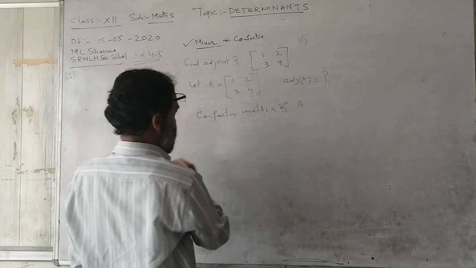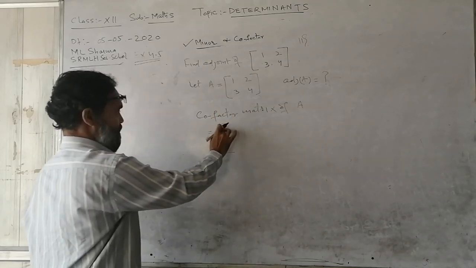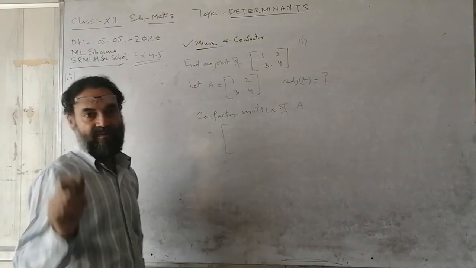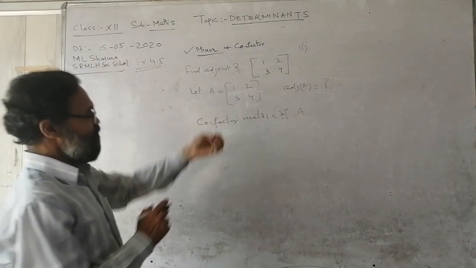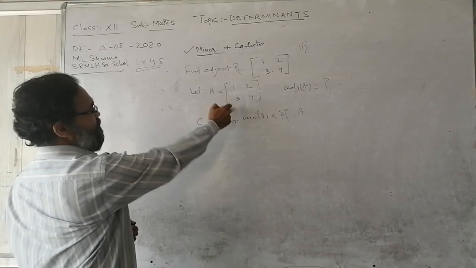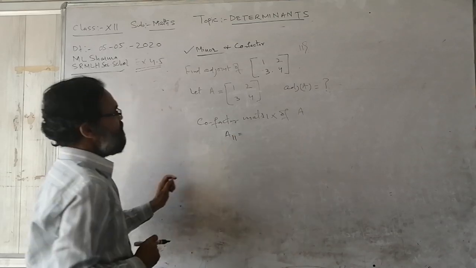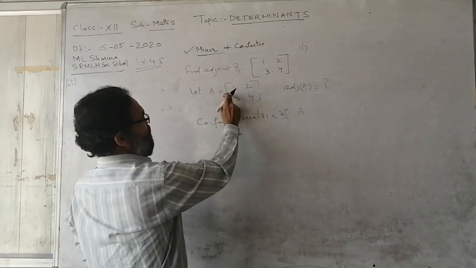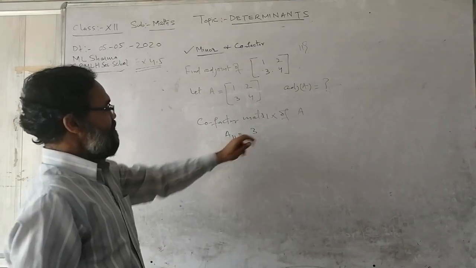Matrix A is given as a 2 by 2 matrix, and for finding the adjoint I will have to find the cofactors of matrix A. So A11, the cofactor of this element 1, I will delete this row and this column, so 3 is left, that means A11 is 3.